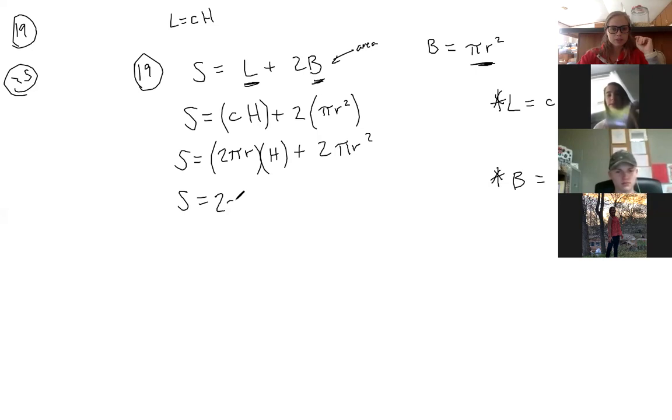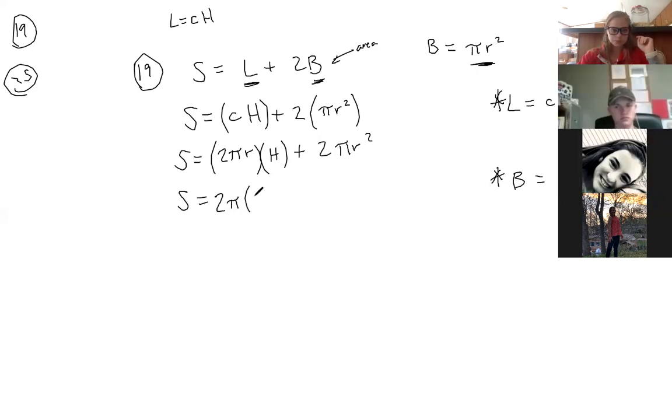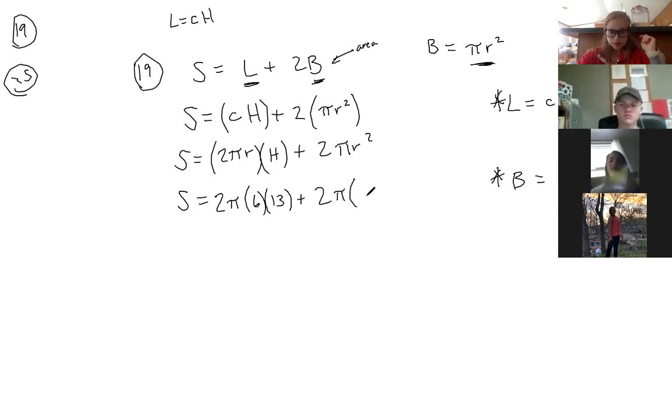So what's the radius of the circle, Priscilla? 6. And the height of the prism, Ethan? 13. Plus 2 times pi. Well, this is the radius of the base circle, which is also the same as over here, which is 6.